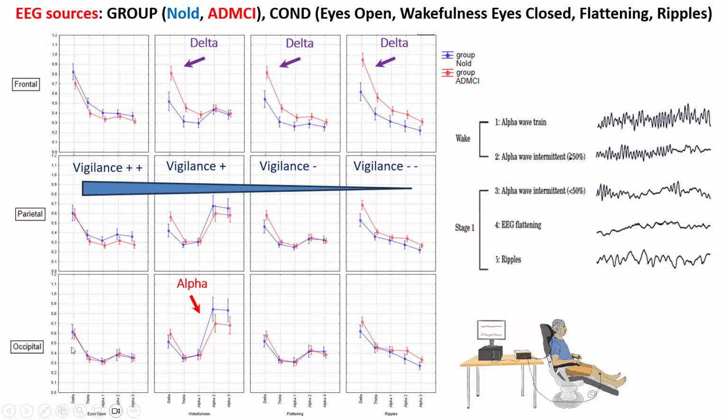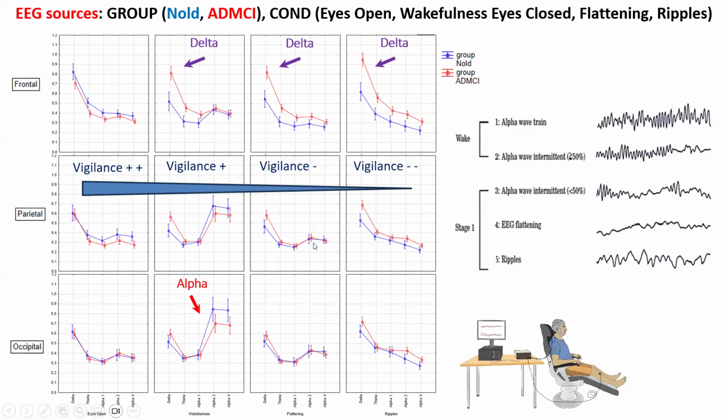When the vigilance is moderate with eyes open, with visual information processing, you have desynchronization of alpha in the occipital and parietal mainly. When there is eyes closed and so cortical inhibition in the visual system, you have an increase of alpha in the parietal and occipital sources.